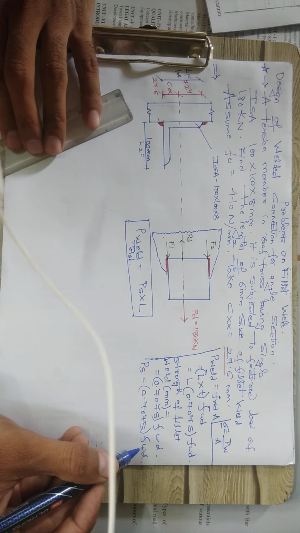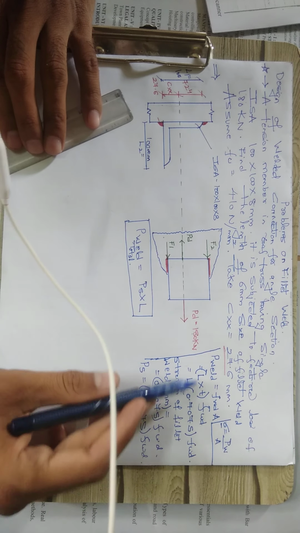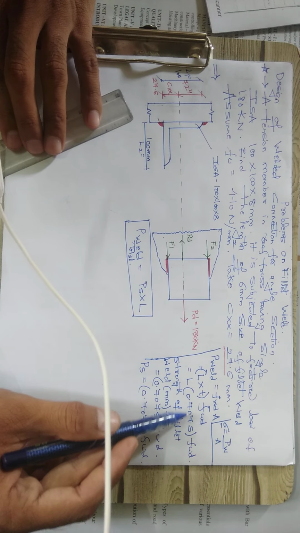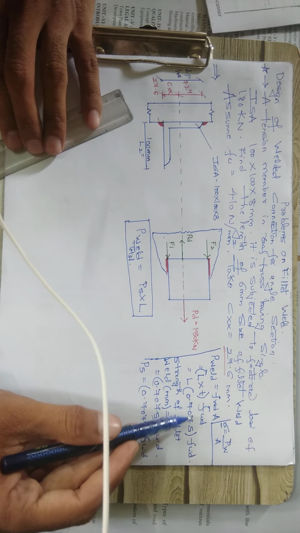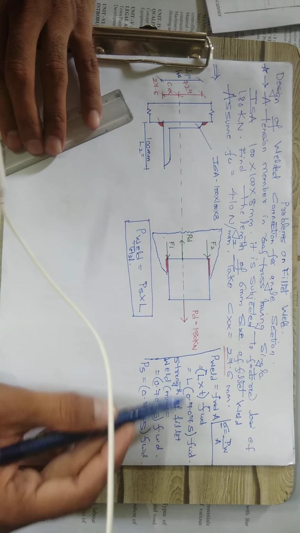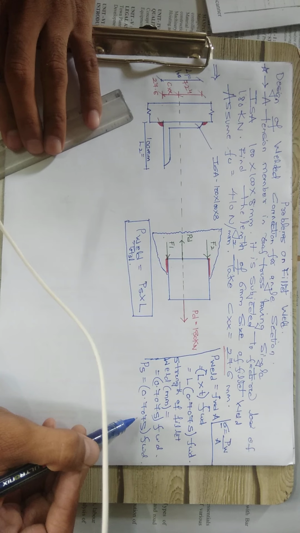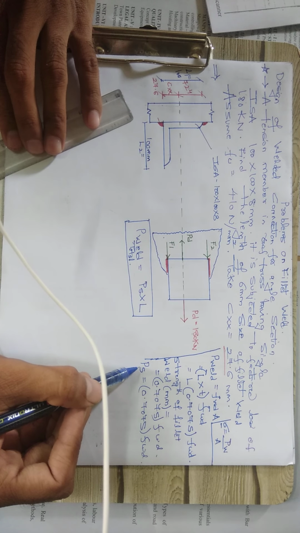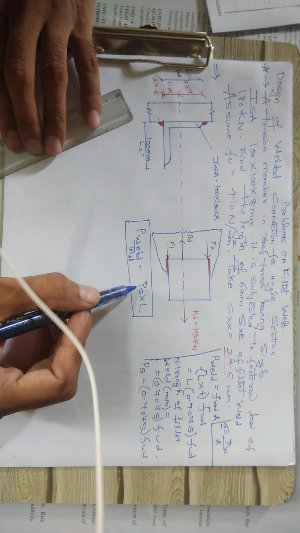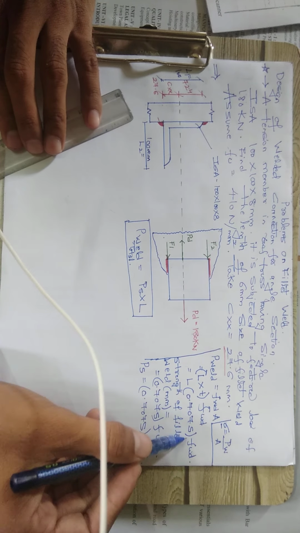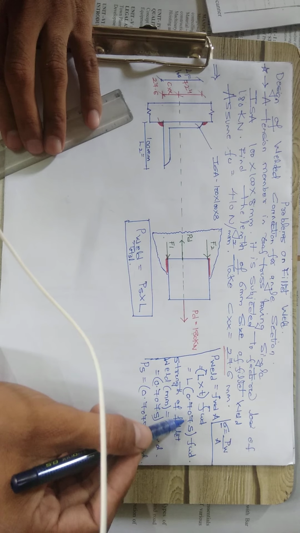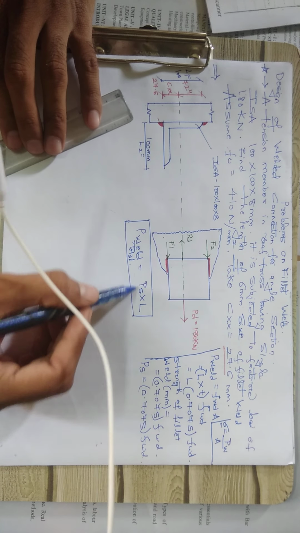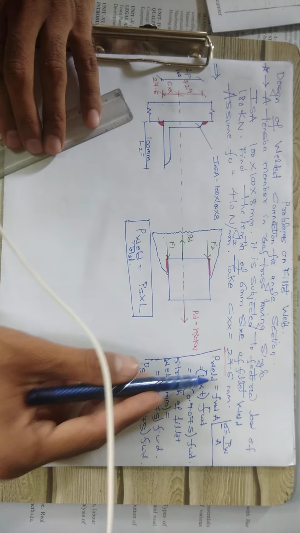So there is no confusion regarding this, because the original formula is the same. Just we have divided L in order to have a different notation as PS. Then again we have multiplied PS into L, the original formula. This whole part is PS into L, which is the original formula which we have taken.